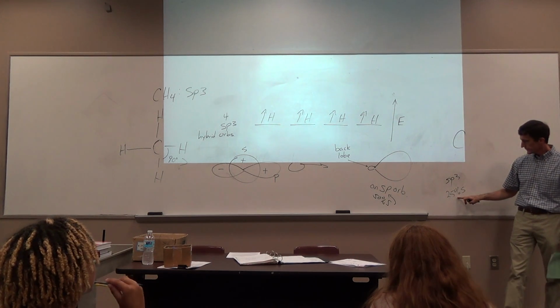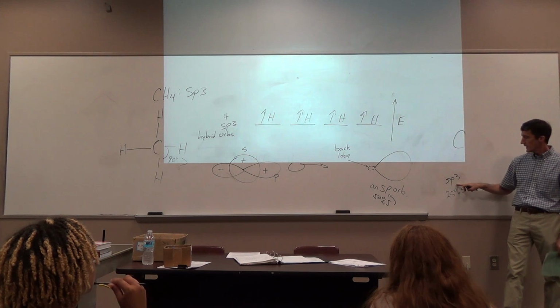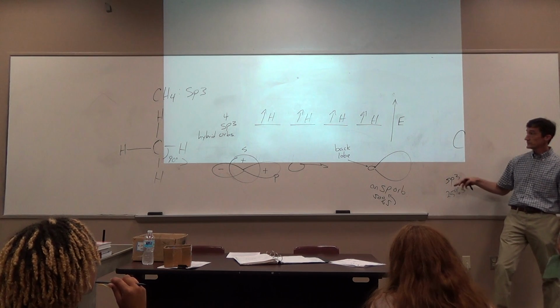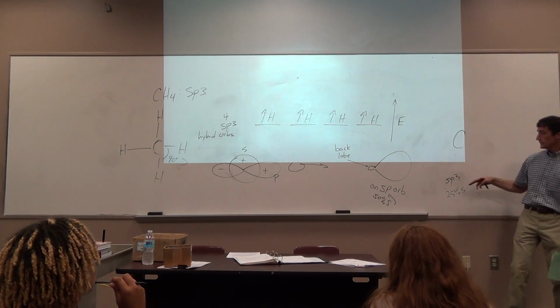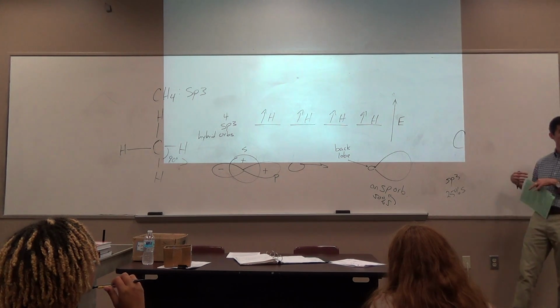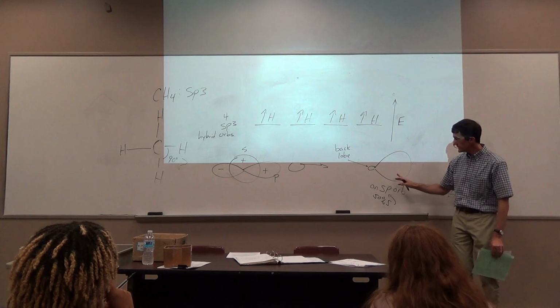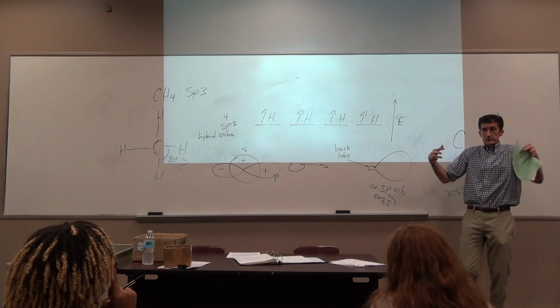So, more P character here. Is this orbital going to be shorter or longer? Longer. It's going to be longer because the P is longer. It's not going to be as long as a true P, but the more P character, the longer the orbital, because it looks more and more like a P. On the other hand, the more S character, the more it's going to get rounded and shorter.